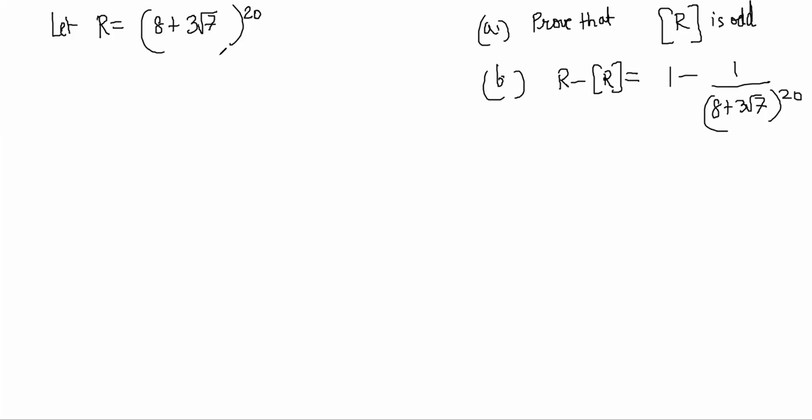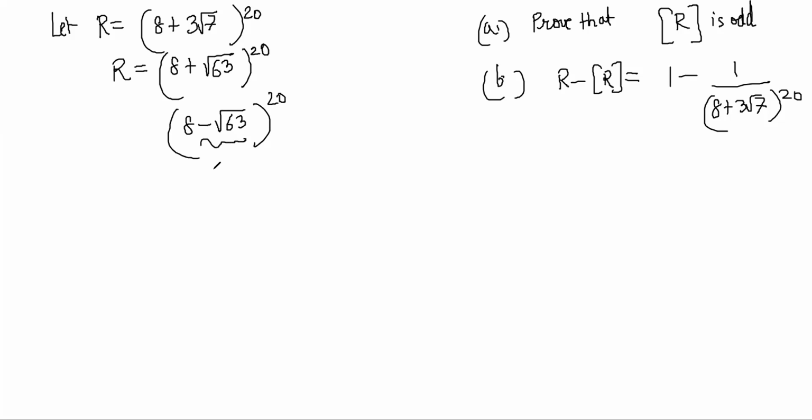So notice one thing, that this is 8 plus basically root 63. If you take the conjugate expression, that will be 64, so clearly less than 1. So let's call this f dash, and R can be written as GIF of R plus f.